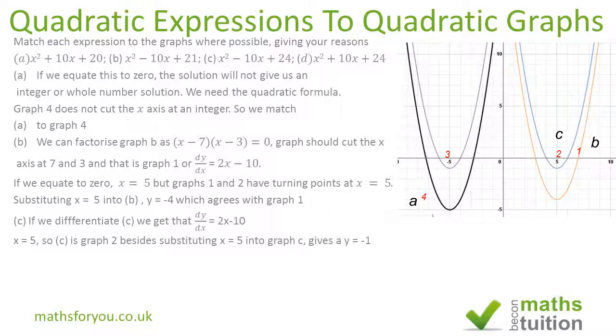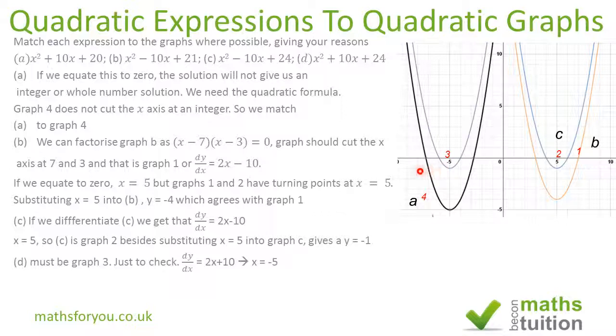Now, having identified 3 graphs and 3 expressions, it follows that the 4th expression, hopefully, belongs to expression D here. And let's check. If we differentiate expression D, we end up with 2x plus 10, and that gives us x equal to minus 5, which is what we've got here.